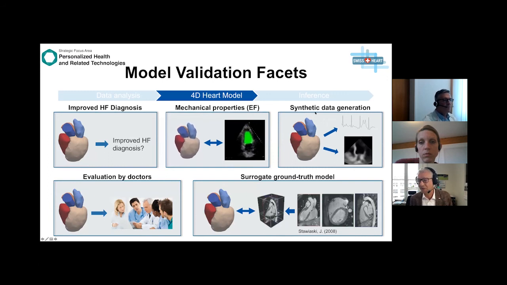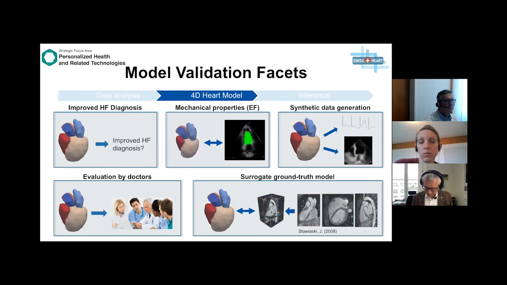Then you can do synthetic data generation and ask the doctors whether that looks plausible or not, or automatically make the comparison. The evaluation by the doctors also helps to guide the learning process better in a direction so that the clinical relevance is emphasized. And at the very end, you might have surrogate ground truth models coming from MRI or any other type of analysis technique which gives access to the geometry.